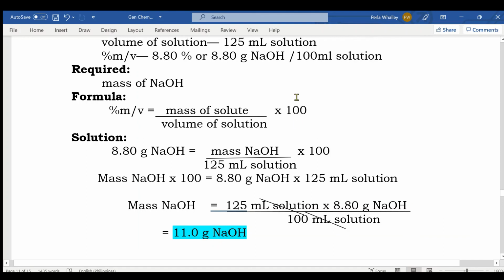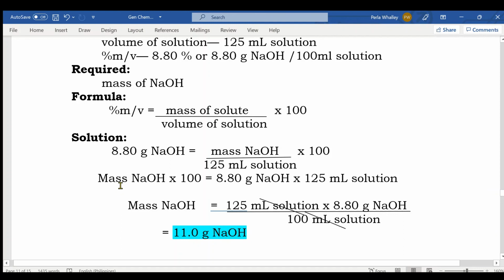It's the same process. Here we cross multiply. So mass of sodium hydroxide, this will include the 100 times 100, and then cross multiply 8.80 grams of sodium hydroxide times 125 ml of solution.